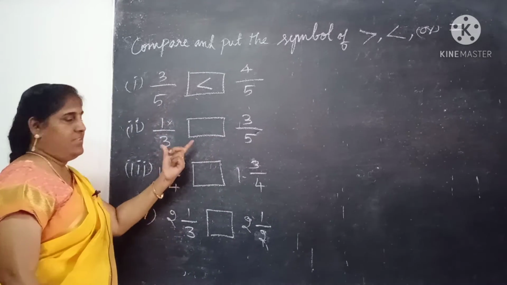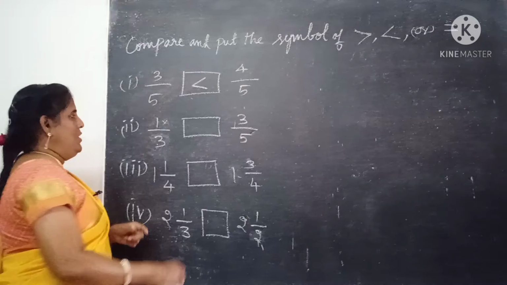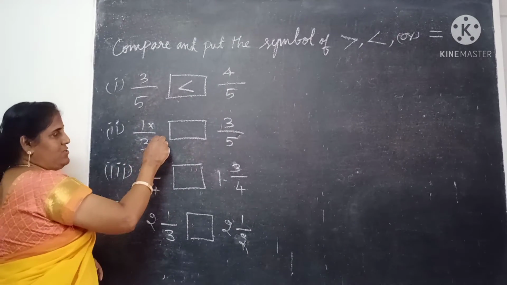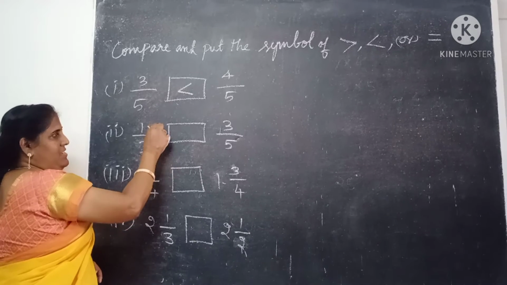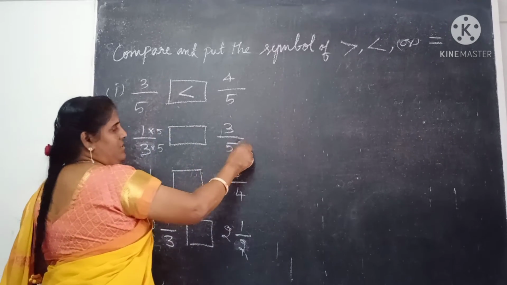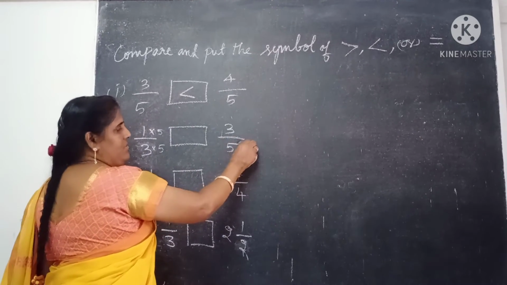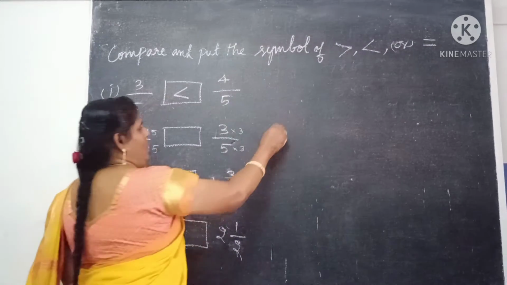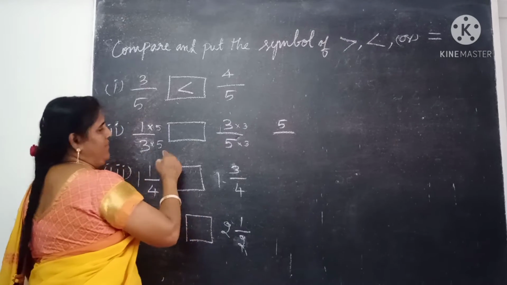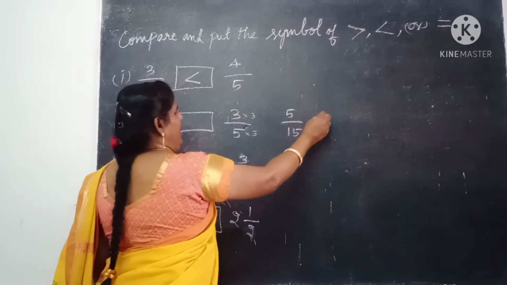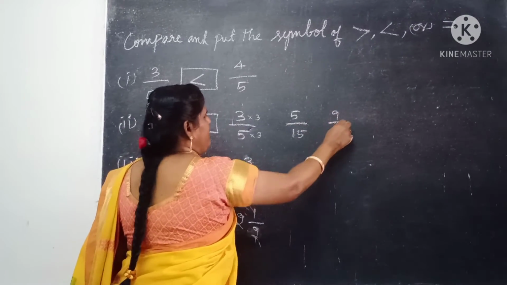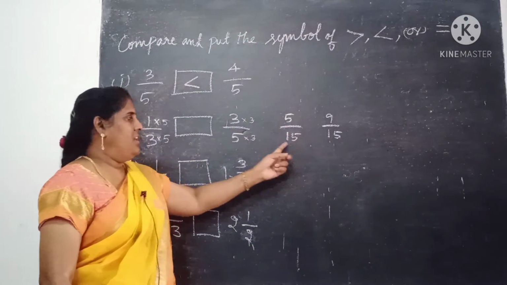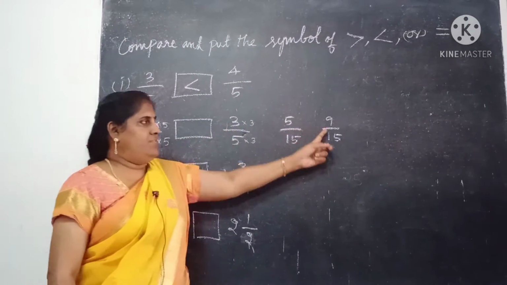To convert the denominator 3 to 15, you multiply by 5, and for this one you multiply by 3. So the answer comes to 5 by 15 and 9 by 15.